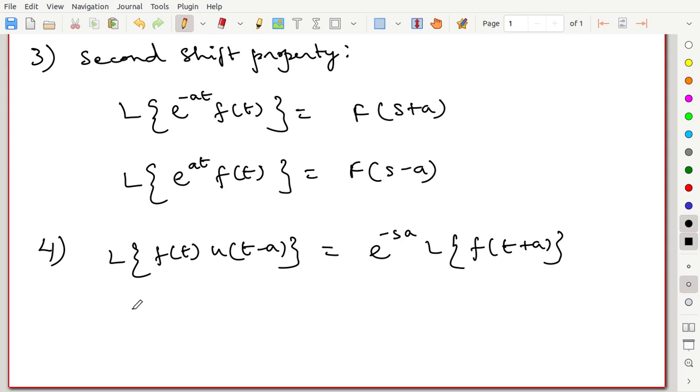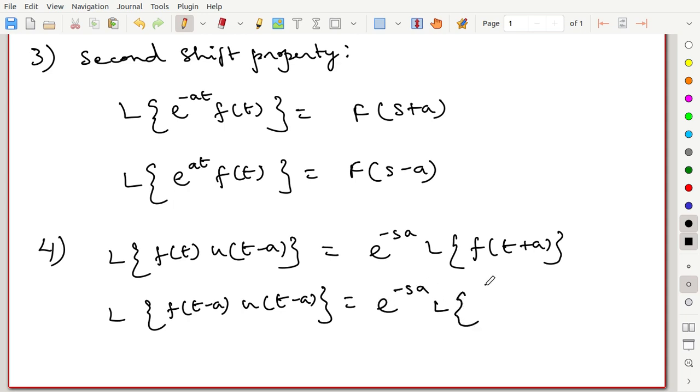We can use them when we solve problems. Similarly, we can write L of f of t minus a u of t minus a equals e power minus sa L of f of t. So this is the Laplace transform which involves the unit step function.